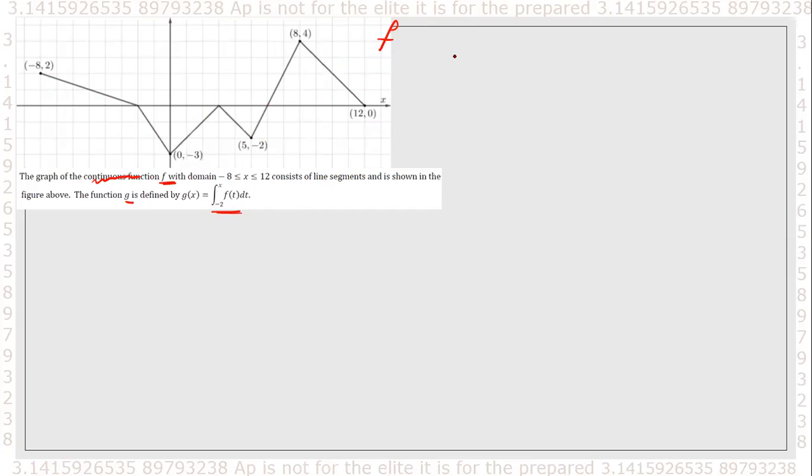So automatically what I would want to do is write out what I know: g of x is equal to this integral of f of t dt. That means g prime of x is just going to be our function f of x, and g double prime of x is going to be f prime of x.